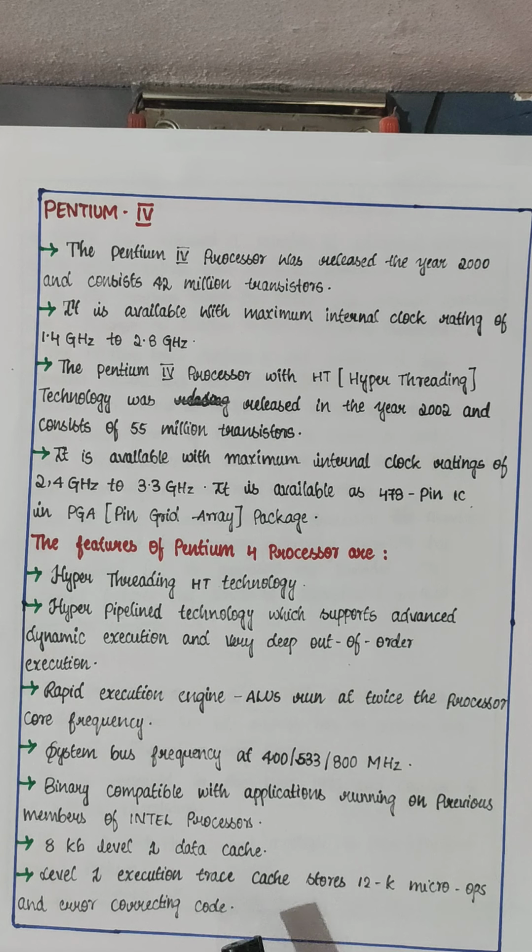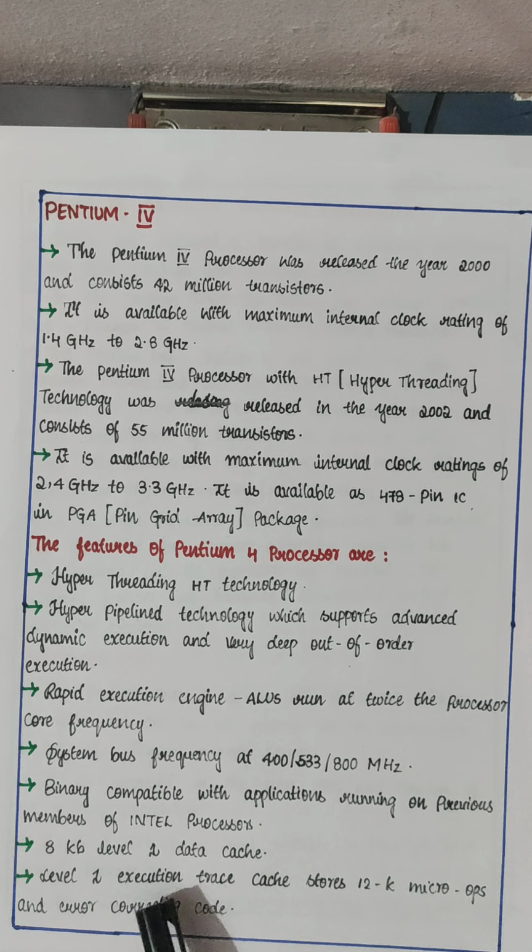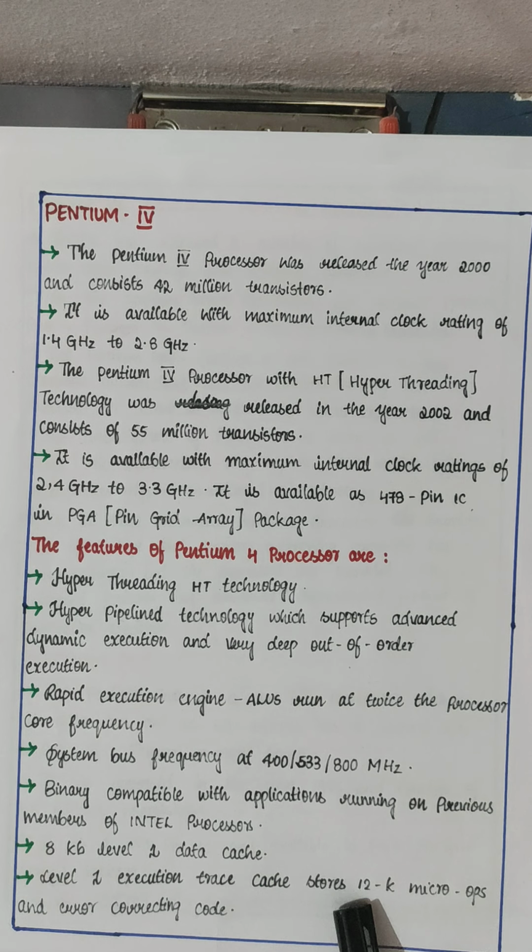Micro ops, that is micro operations, are decoded and stored in the execution trace cache with 12,000 entries, so that means we can decode very fast. And error correcting codes were there.